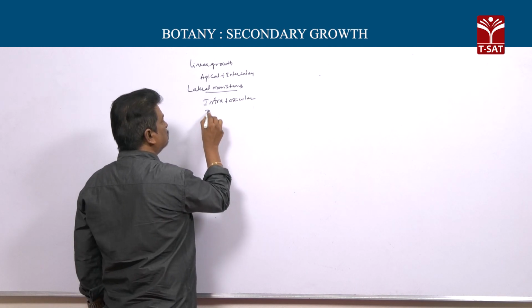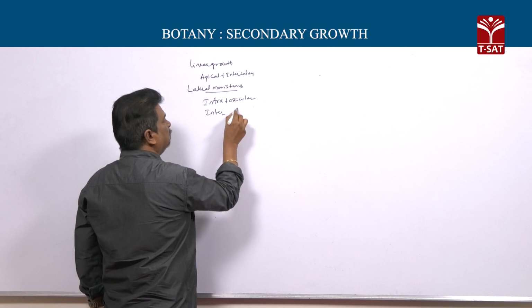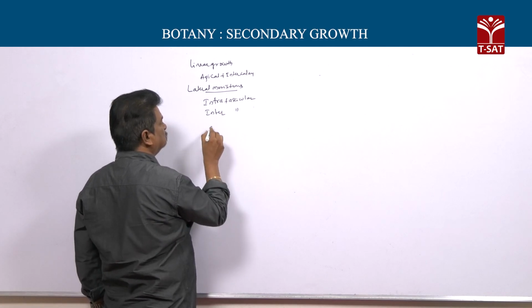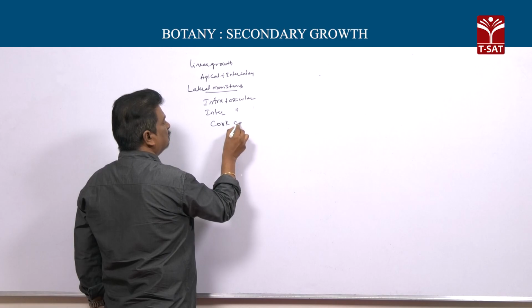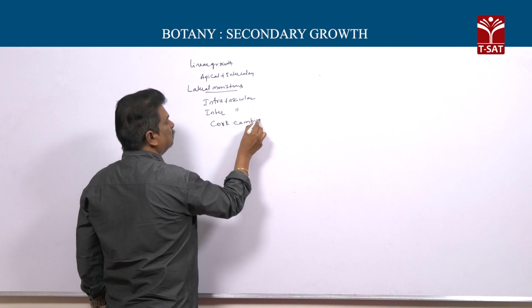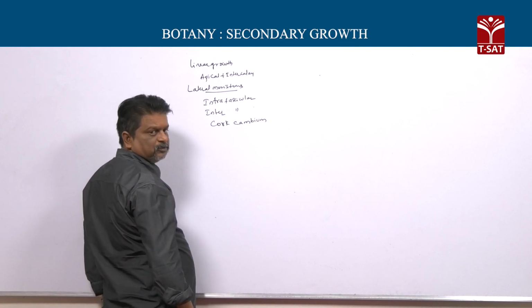intrafascicular cambium, then interfascicular cambium, and also cork cambium. These are lateral meristems.